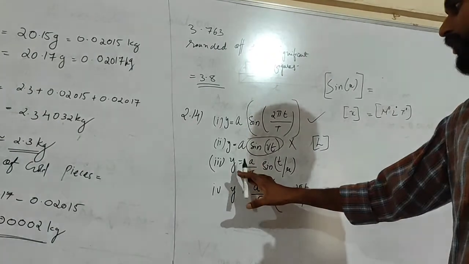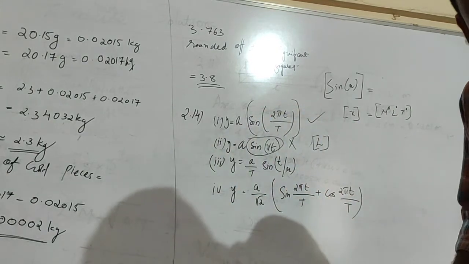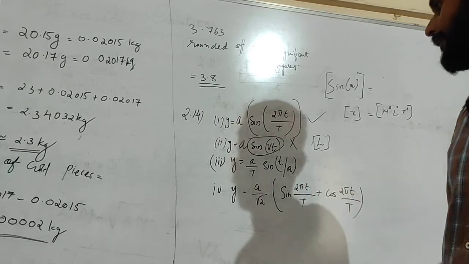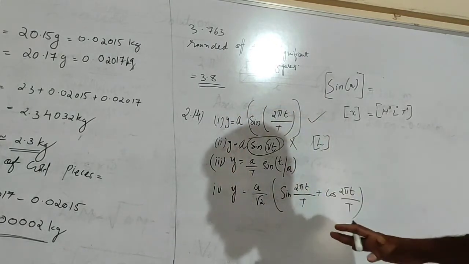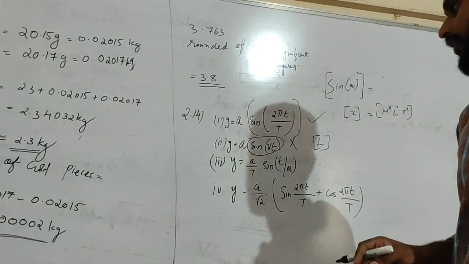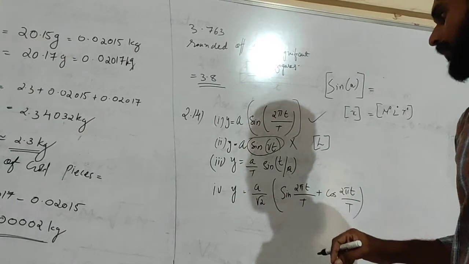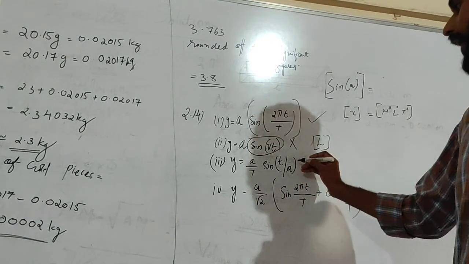Now, let us come to the next one, that is y is equal to a by T sin t by a. Here also, it is time divided by amplitude, where a is the amplitude.